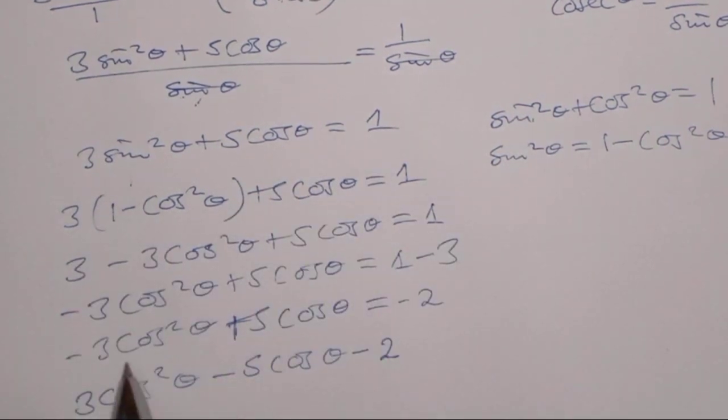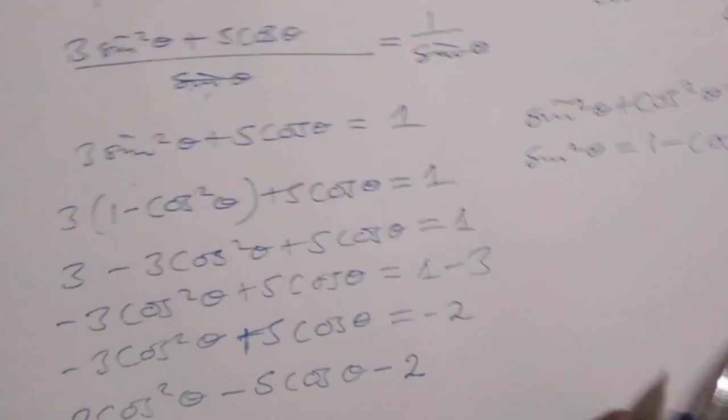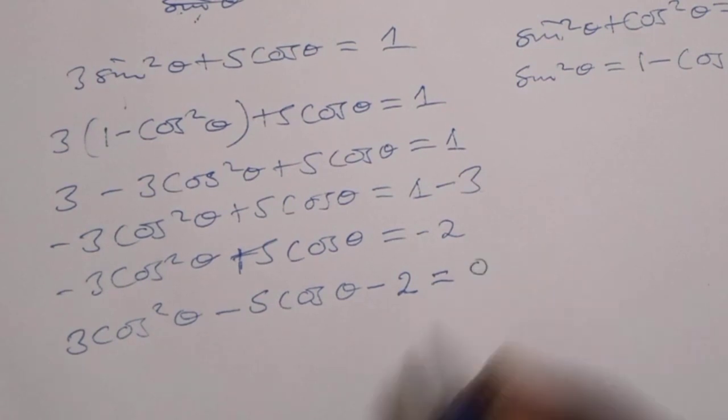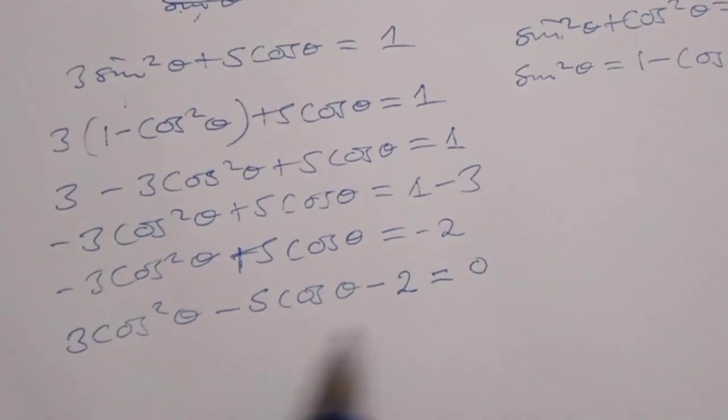We are shifting these terms to the left side, so it will be equal to 0. And if you can see, this is a quadratic equation.